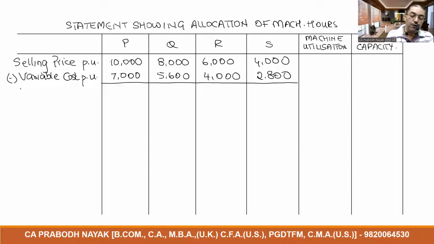Selling price minus variable cost will give you contribution. Per unit: 3,000, 2,400, 2,000, 1,200.